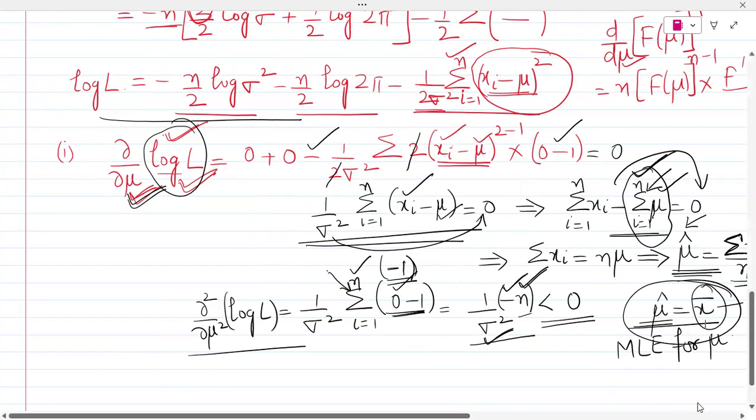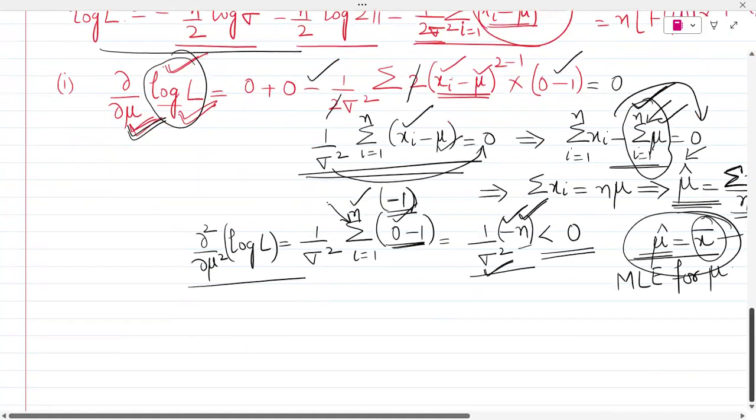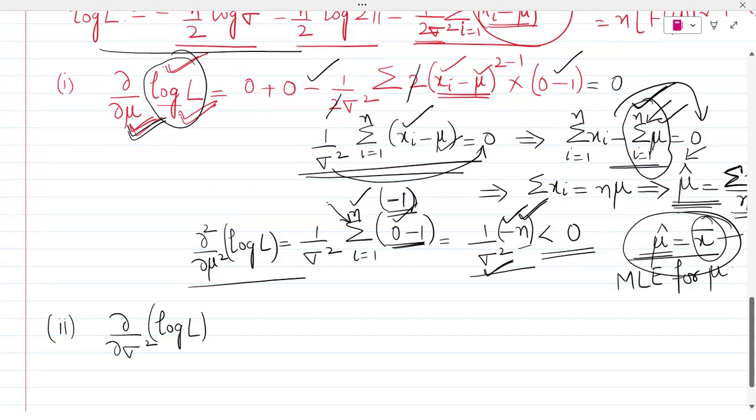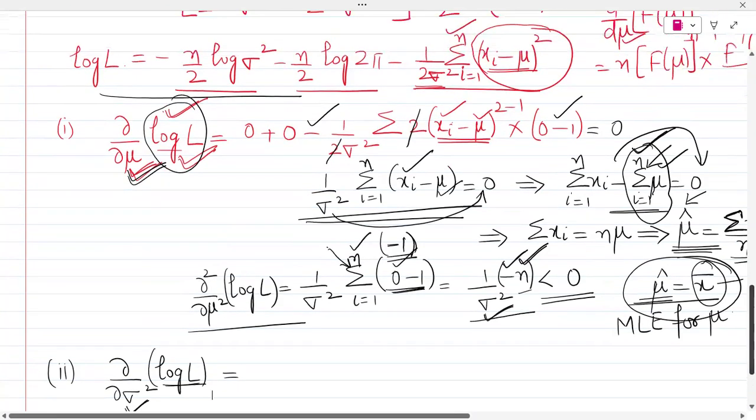So now what was the second part? It is the derivative of log L with respect to sigma square, because now we want to find or estimate that value of sigma square which maximizes log L and hence L. If you recall what our log L was, you can see this is the first term.